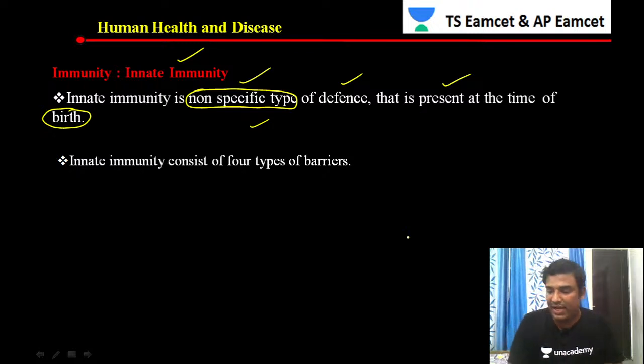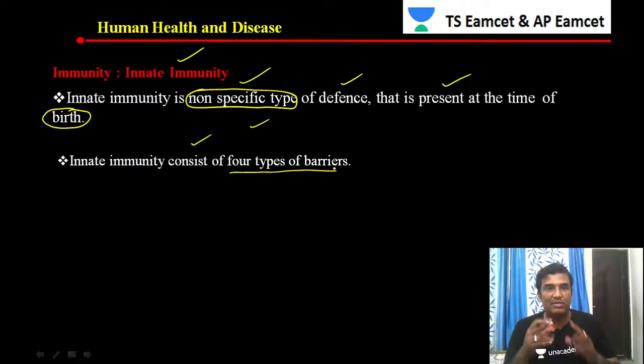Let us see more about innate immunity. Innate immunity is provided by 4 different barriers. Before going to that, once again, what is innate immunity? It is the immunity that occurs in a person by birth, and it is non-specific.